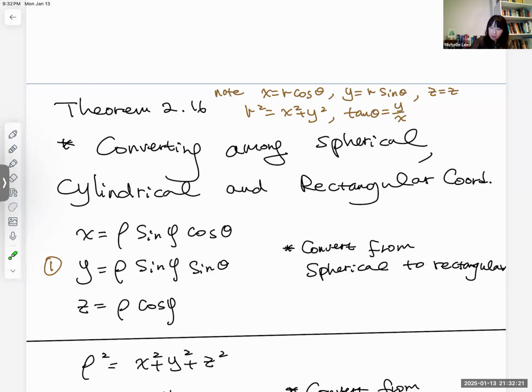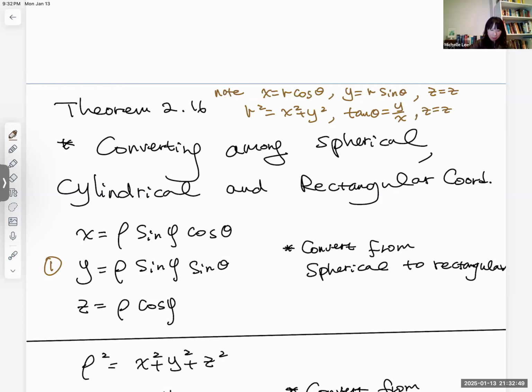So with this formula we convert from cylindrical to rectangular, and this one is rectangular to cylindrical, right? Yeah, z equal to z.